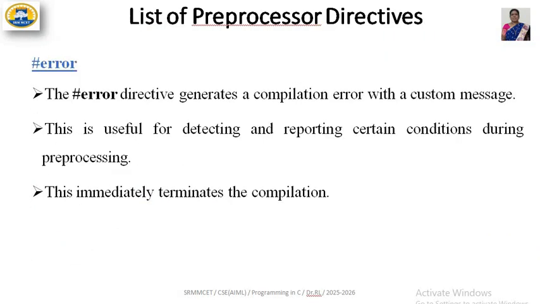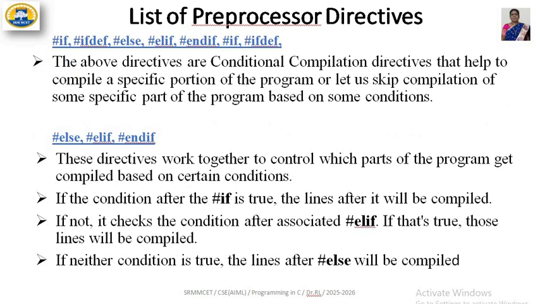And another list of preprocessor directives: #if, #else, #elif, #endif, #ifdef. These directives are conditional compilation directives that help to compile a specific portion of the program, or let us skip compilation of some specific part of the program based on some conditions.